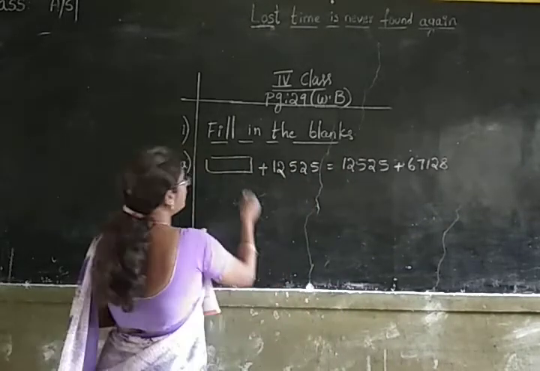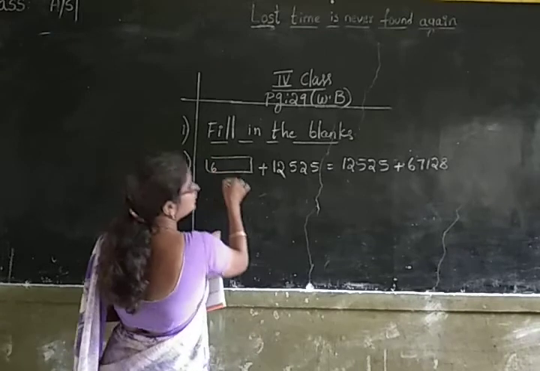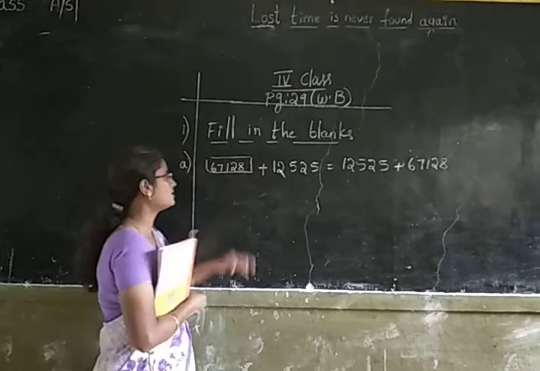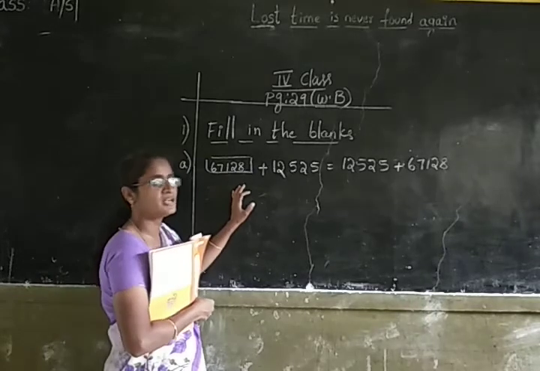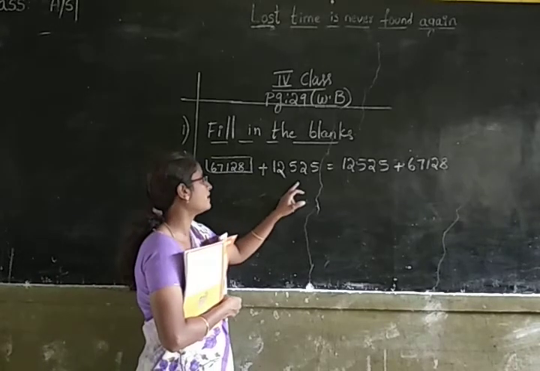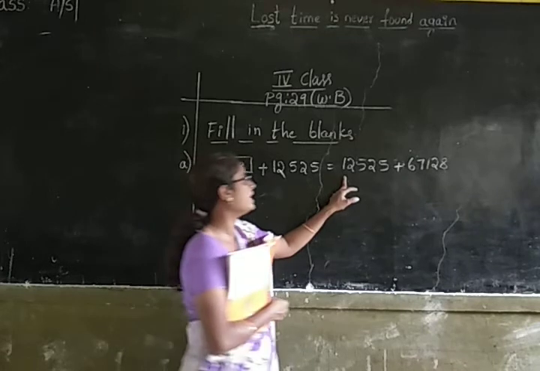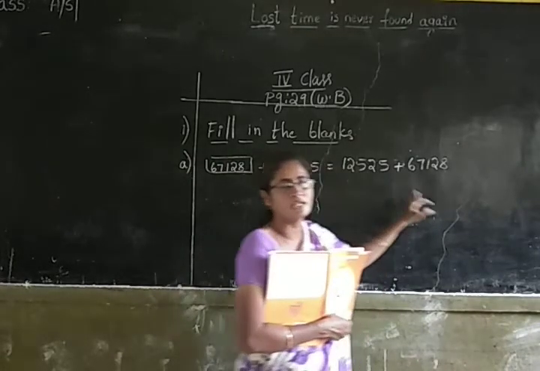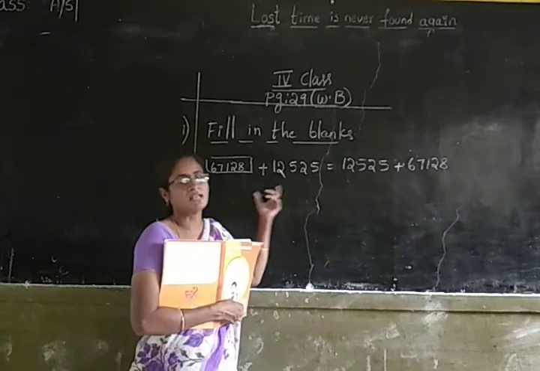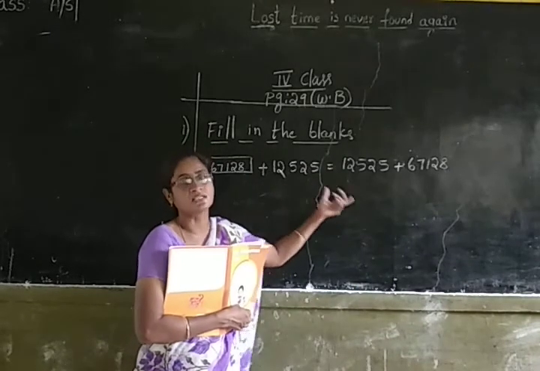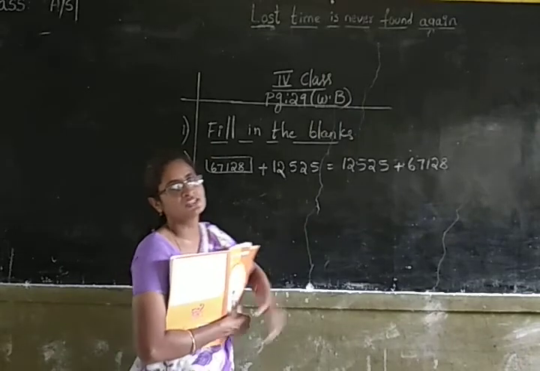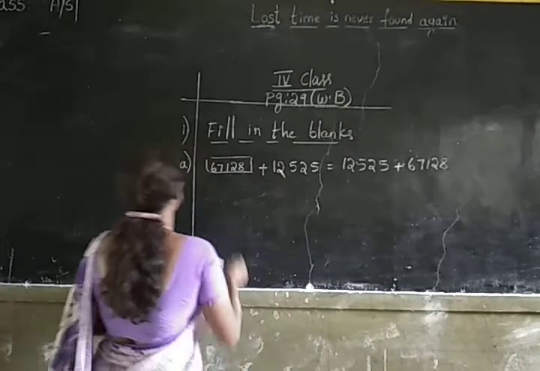So here according to the commutative property we have to write 67,128, because if we add 67,128 and 12,525 or if we add 12,525 plus 67,128 we will get the same answer in both the cases, which means changing the order of addends does not change the sum. Okay children.